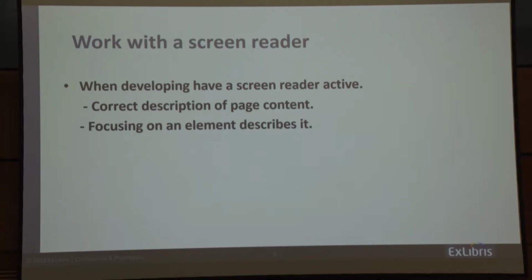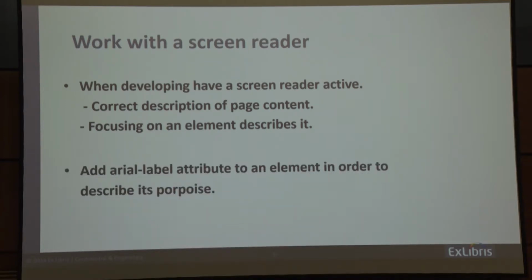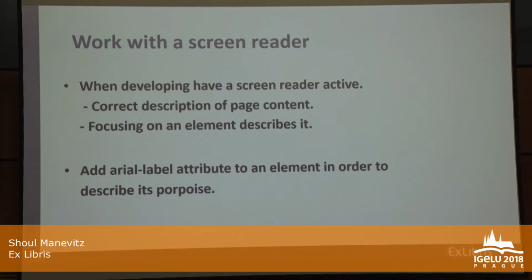And we want to see that focusing on a certain element describes what it is and what it's doing. So sometimes it's necessary to add aria labels, which is text the screen reader will read out once the element is focused. If you have a button which is just some kind of X icon, and there's no text in it, the screen reader is not going to know what this thing does, so we need to add those aria labels sometimes.